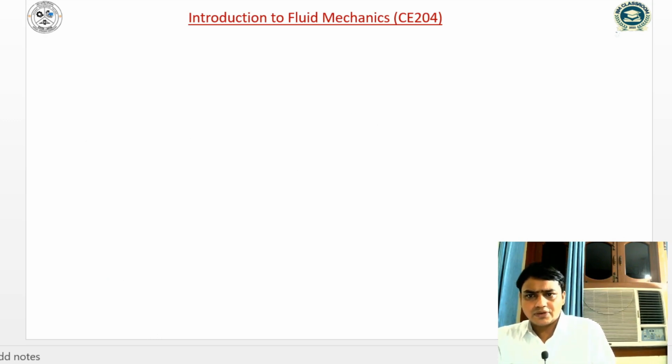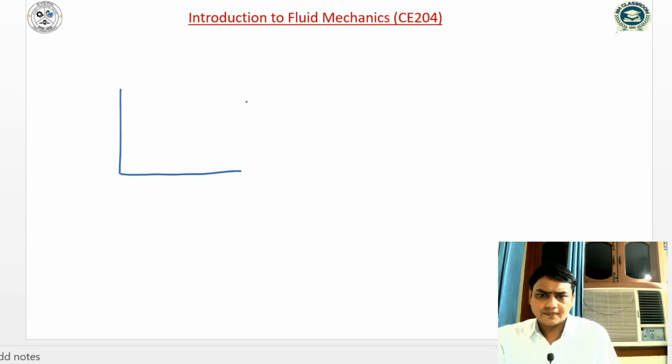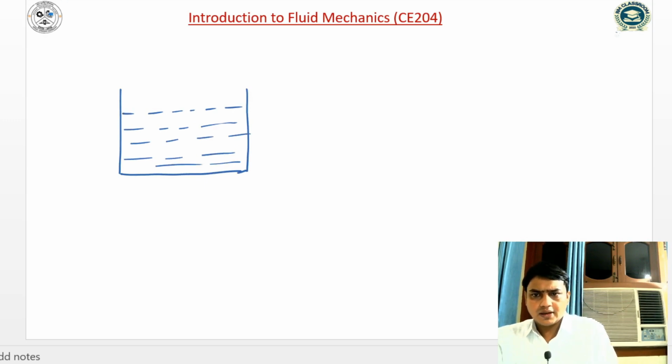So now we have to find this capillary rise height h, or capillary fall height h. I am going to derive the expression of capillary rise or fall. If I am taking the same fluid, this is the water, and I have inserted a capillary tube.